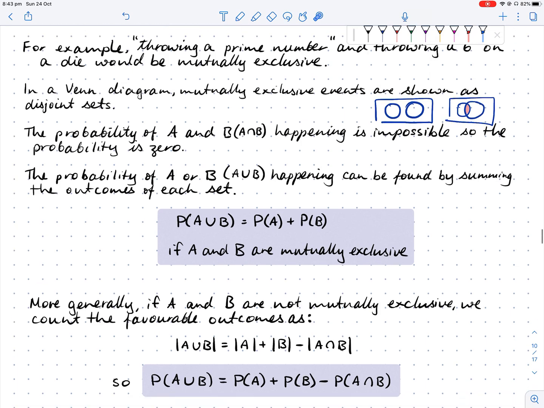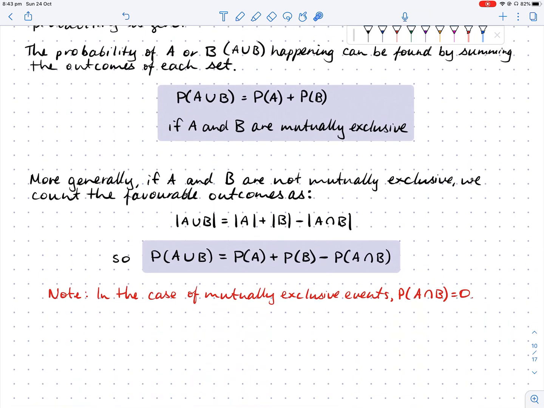Now, if they're not mutually exclusive, then what we can do is we can use our definition of the union. So if I've got A union B, then that's the size of A plus the size of B minus the intersection. And then we can adapt that for a probability question.